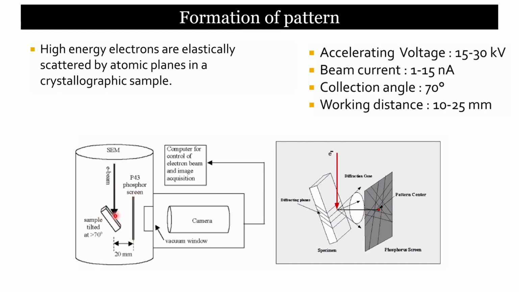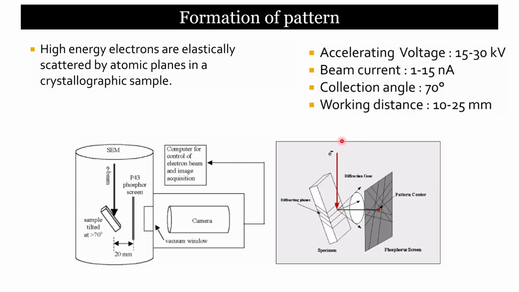Then after the diffraction you have this phosphor screen present at a certain distance, and from the phosphor screen the intensities are detected by this camera, and after this camera we have a computer from which we can analyze our sample.